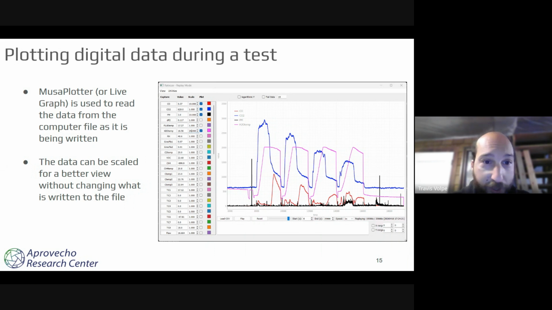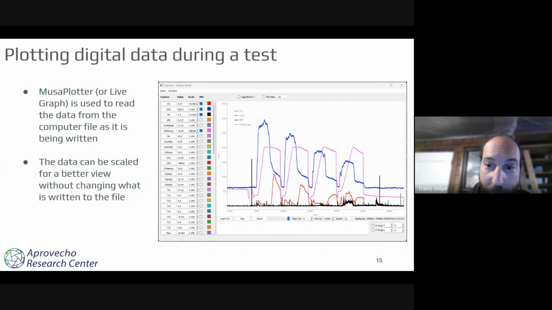Other programs like LiveGraph, some of you with older LEMS systems may be more familiar with, but any of the data logging programs are used to read the data from the computer as it is being written by the sensor box. The data on the screen can be scaled and changed without actually affecting the data that's being written.